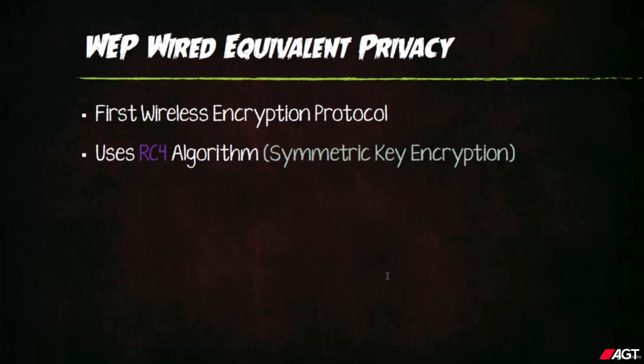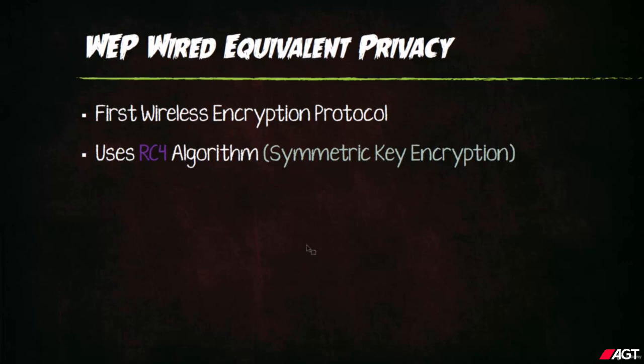First we will look into the protocol and try to understand it, then we will start hacking into it. WEP was the first wireless encryption protocol. It uses the RC4 algorithm, which is a symmetric key encryption algorithm.